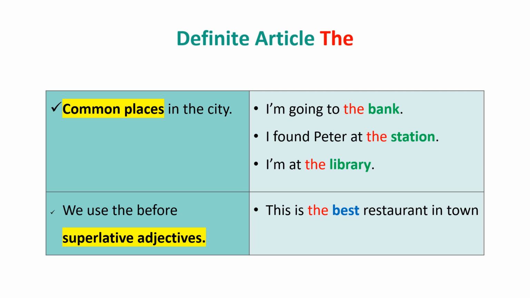We use the definite article the when we talk about common places in the city, like the bank, the station, and the library. We also use the definite article the before superlative adjectives, like best. So we say the best.